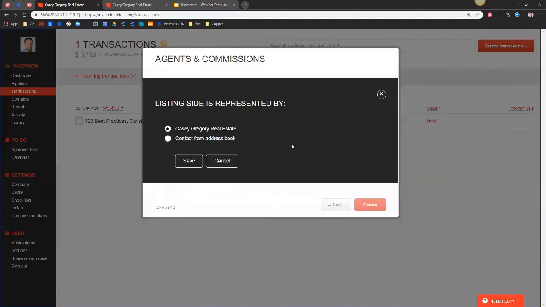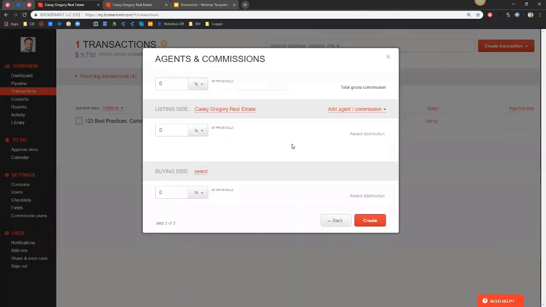Total gross commission, again, is always going to be a combination of both sides. So even if you're representing just one side, let's say we represent the listing side, but we know the buying side is getting 3% as well, we can always enter 6% as a combination of both sides.